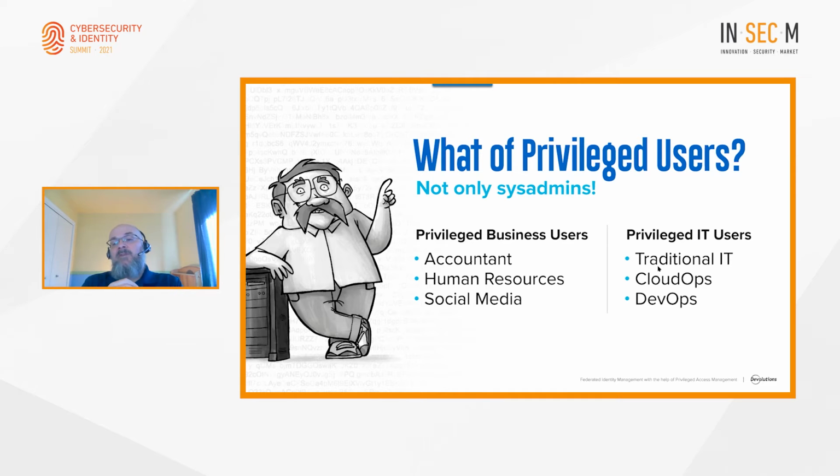And then on the right, you have these privileged IT users. We've been used to them for the longest time now: traditional IT, DevOps, CloudOps. So these have access to, again, your backups, your encryption keys, your private key for authentication, securing your network. So these are really users that you must monitor, and you must really make sure that their activity is appropriate.